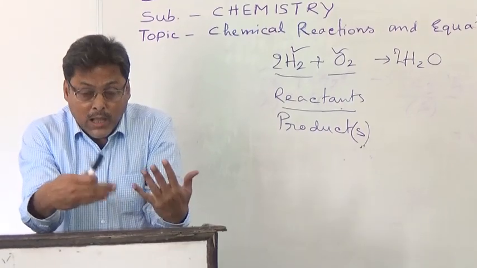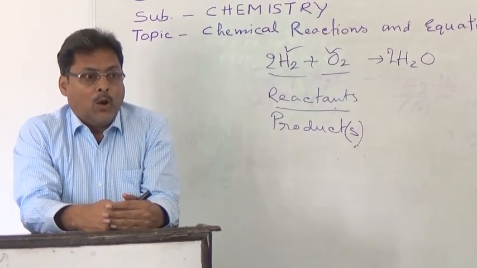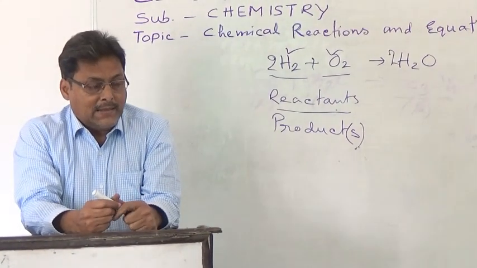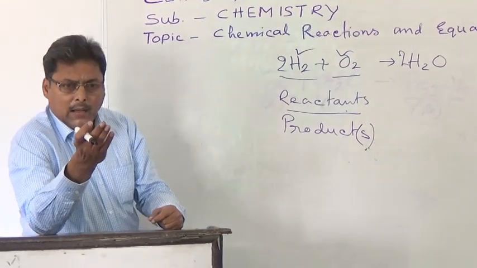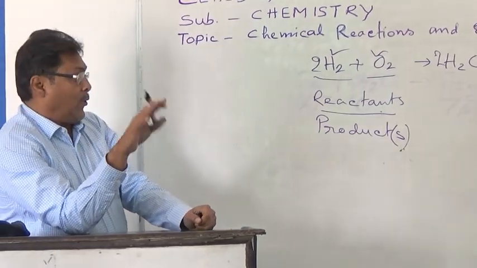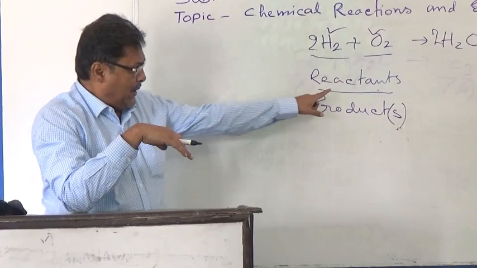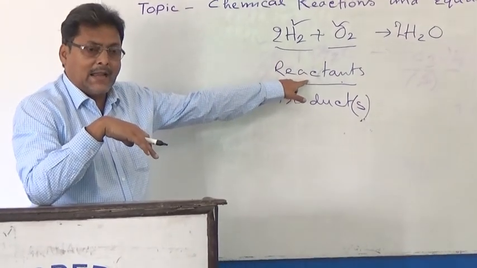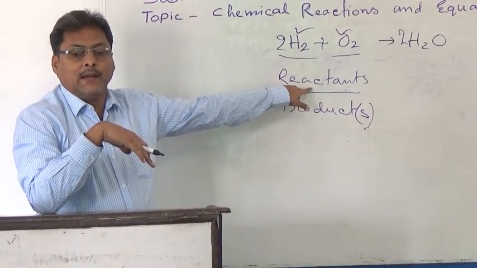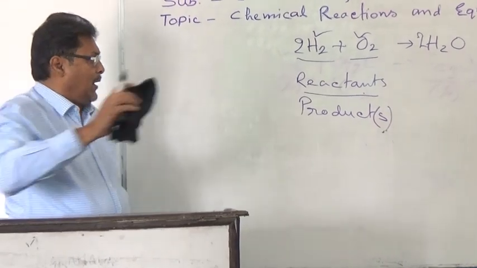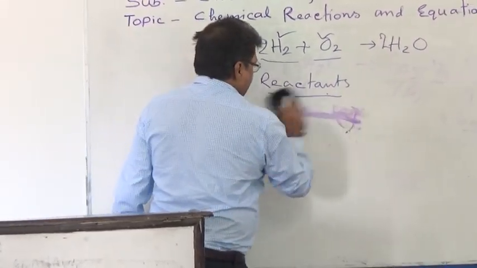Let us come to the next point. What happens is that new substances are formed. Now there will be types of reactions. Let us clarify on this point a little more, right?